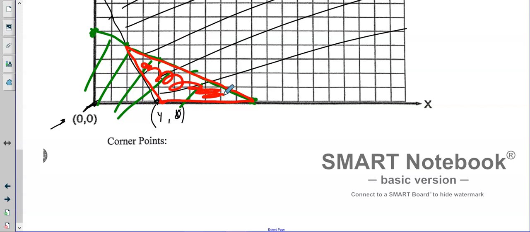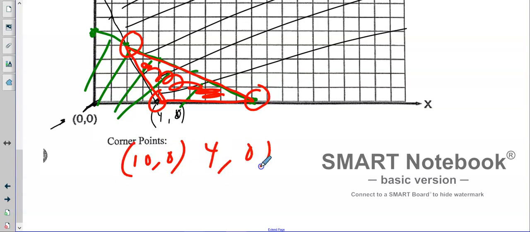And now I need to find the corner points. That, and that. So again, we said that was 5, 6, 7, 8, 9, 10, so 10, 0, and 0, 0. And this point up here is 1, 2, 1, 2, 3, 4, so 2, 4. Those are the corner points that form the overlapping region.